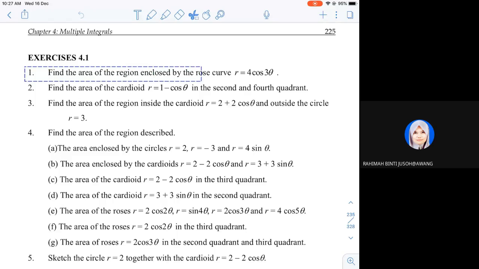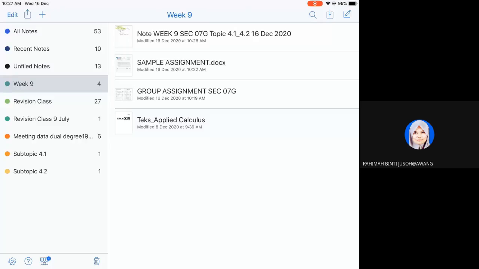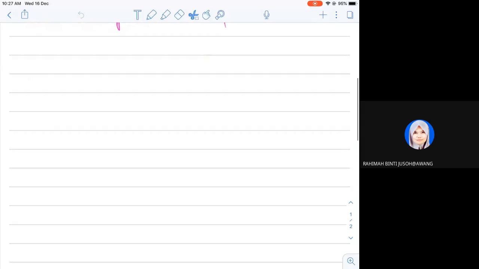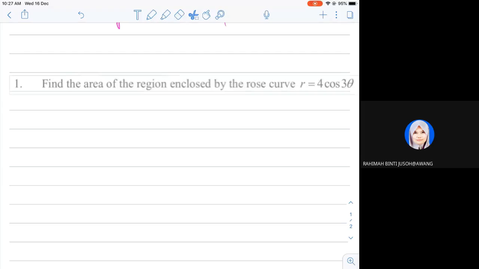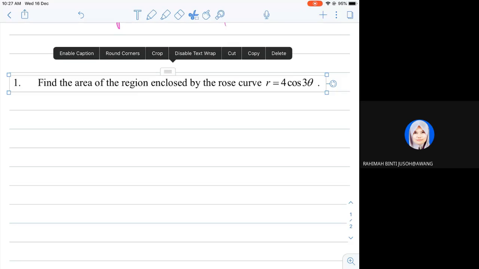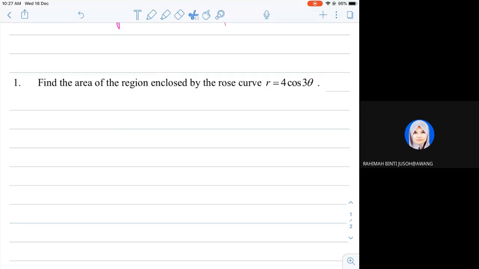Find the area of the region enclosed by the rose curve. How many petals do we have here for this question? 3. 3 petals. Yes, very good.